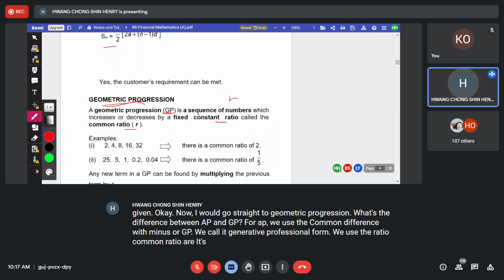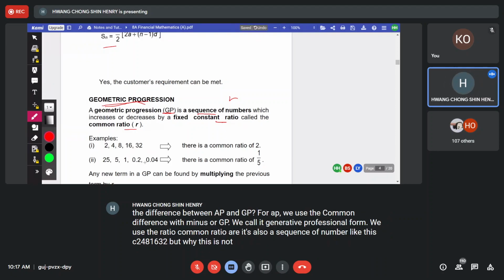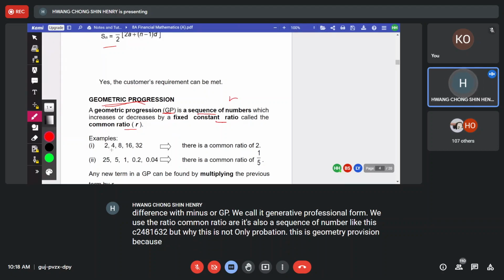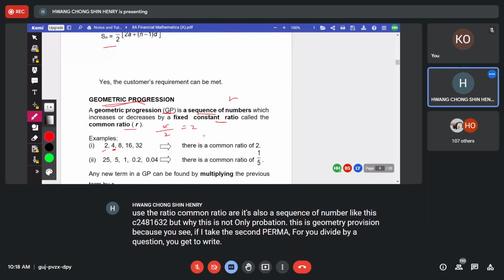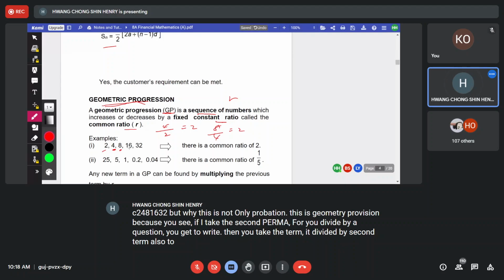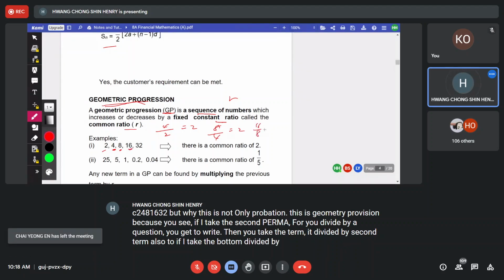It's also a sequence of numbers like this: 2, 4, 8, 16, 32. But why is this not an arithmetic progression? This is geometric progression because if I take the second term, 4, and divide by the first term, you get 2. Then the third term, 8, divided by the second term, is also 2. The fourth term divided by the third term, also 2.